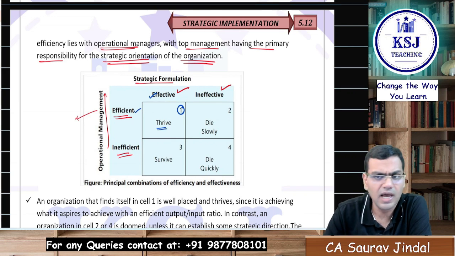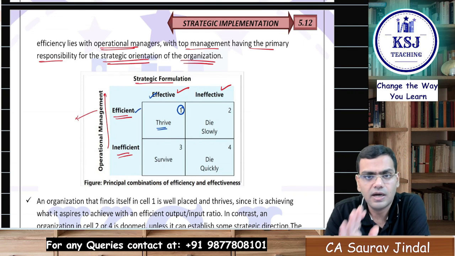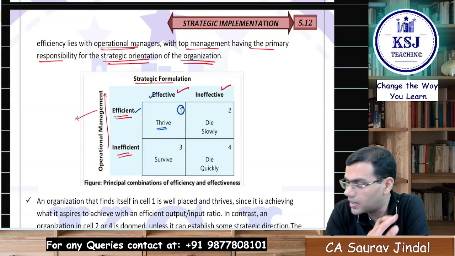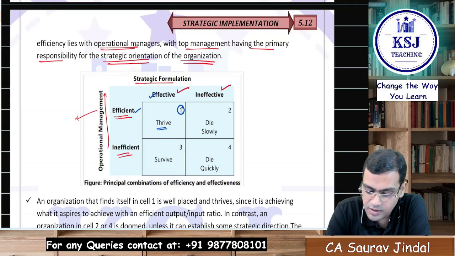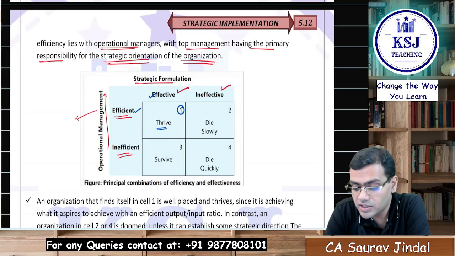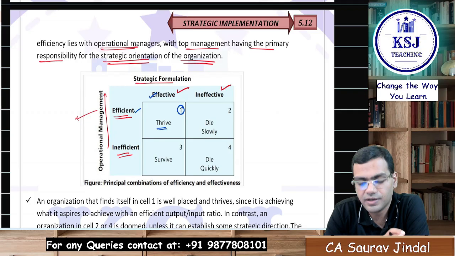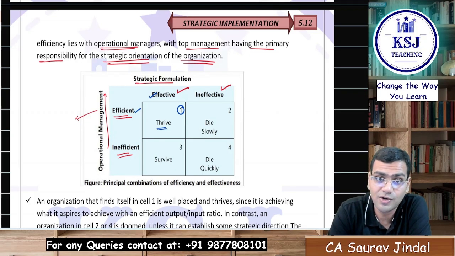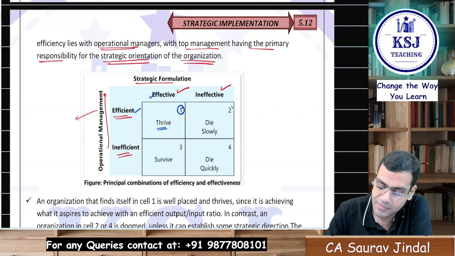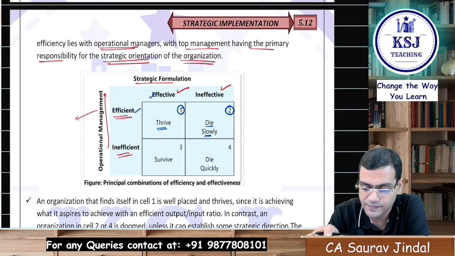Thrive means you will have good profits, a good market share, and a good market position. If your strategy formulation is ineffective but your operations are doing quite well, then for some time you will be able to manage the business, but slowly and steadily the business will die.